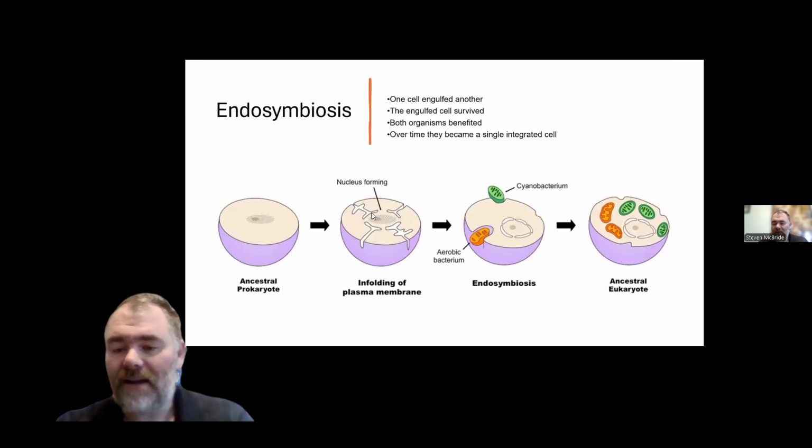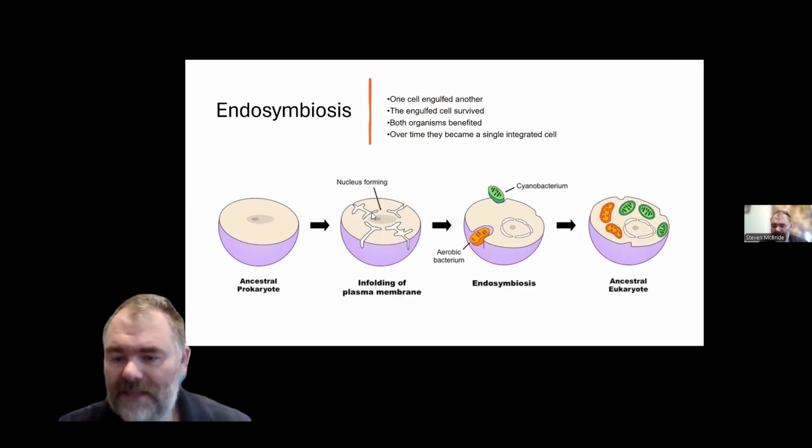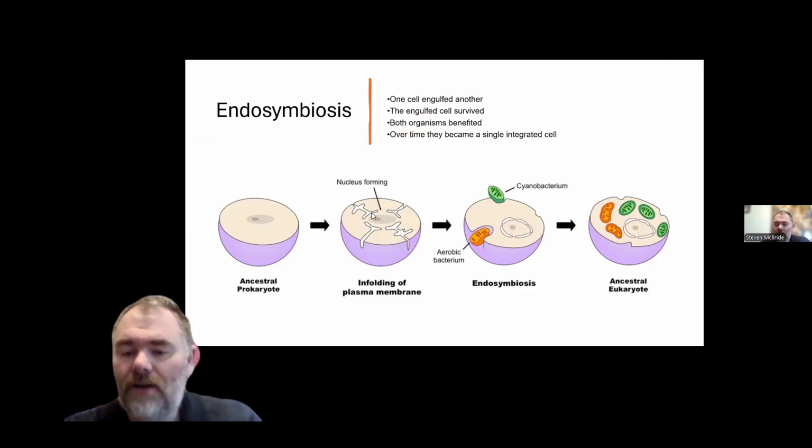The basic idea of endosymbiosis is relatively simple. At some point in evolutionary history, one cell engulfed another cell. Normally, the engulfed cell would be digested, but in this case, the engulfed cell survived. Instead of being destroyed, the two organisms formed a mutually beneficial relationship. The host cell provided protection and resources, while the engulfed cell performed useful metabolic functions.